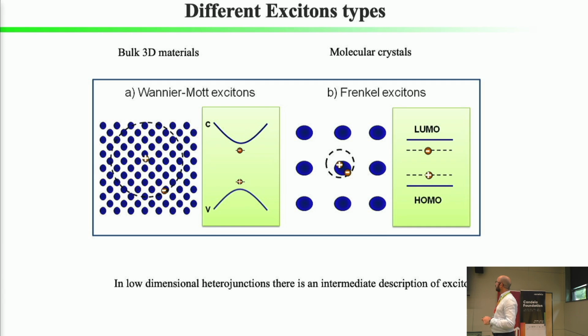And if you consider different dimensionalities that go together to generate this heterojunction, you have something in between. So it's not straightforward for computation to figure out which is the best description, and perhaps it's something in between. So there is room for development here.